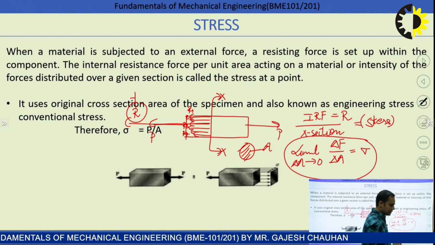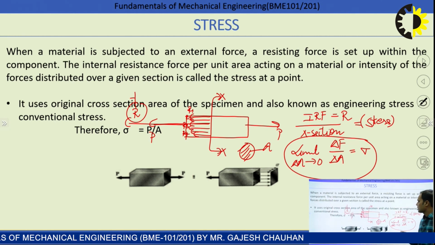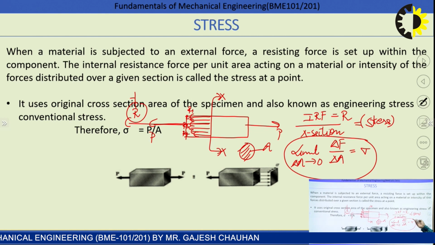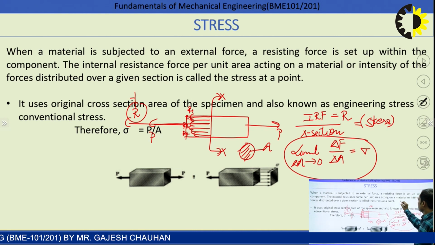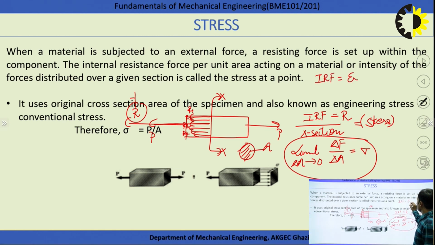And also numerically, because we have to calculate theoretically, we generally keep the internal resistance force equal to the external force. And what is this external force? That is acting over the body, P. So generally we write stress is P by A, and nothing is wrong with this definition, right?